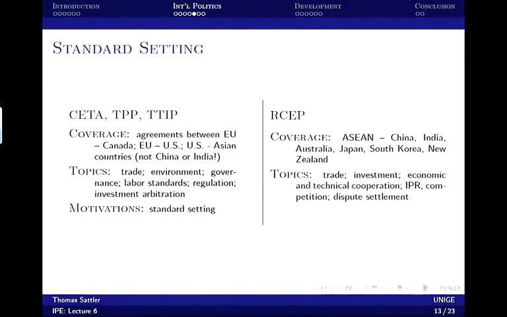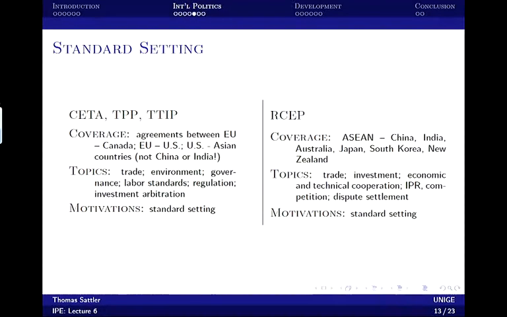It covers exactly the same topics, and the motivation is also to set a standard. So giving up TPP might be reasonable if you're critical of trade and ever deeper integration and regulatory harmonization. But at the same time, what's happening in the background is that other countries might take the lead and conclude these agreements, excluding then the EU or the United States.